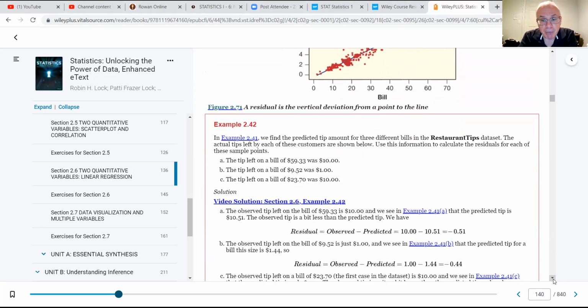They do talk about residuals in the section 2.6 homework. It's possible I could have an exam question on this. And by the way, anything that you read in the textbook is fair game for a test. It's not just what we review in class, because it's only an hour and 15 minutes twice a week.